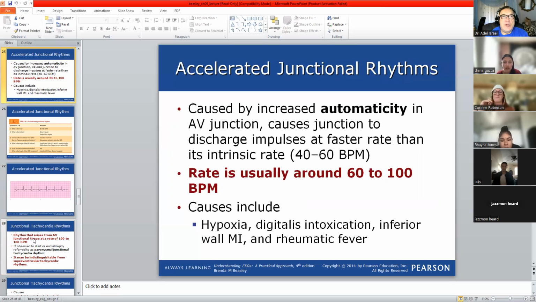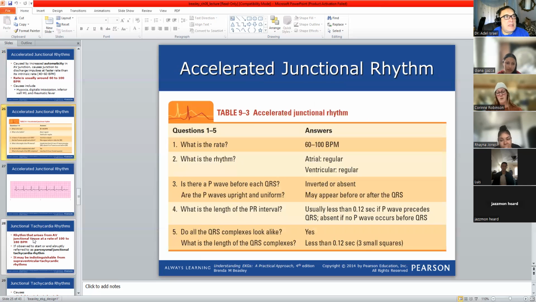We put the word accelerated, till we reach that the number is 100, we call tachycardia. Easy? So this is the rule. Anything above the intrinsic firing rate, Lewis, we call accelerated. Above 100 in any condition of cardiology, we say tachycardia. Clear. Okay, let us have the golden slides.